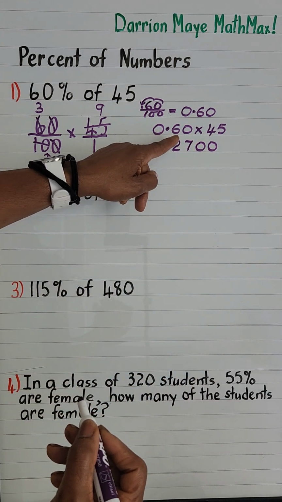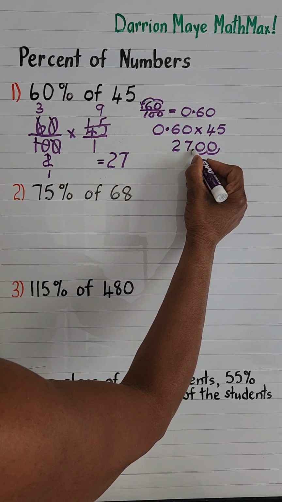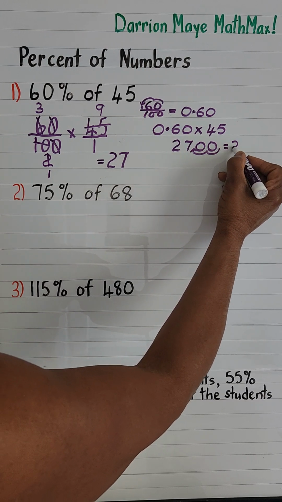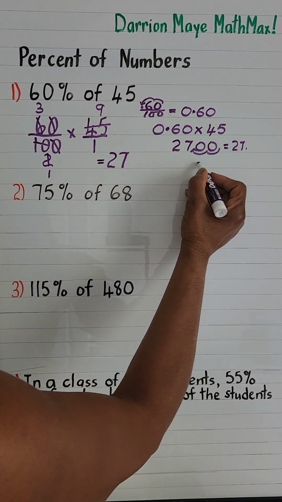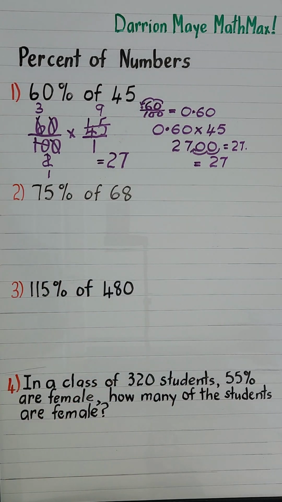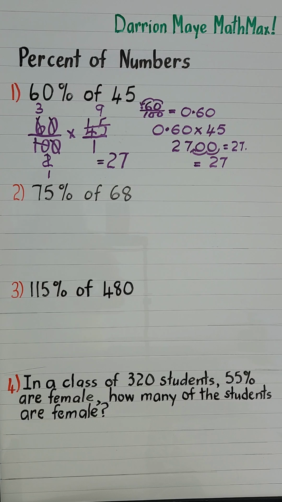And here we have 2 decimal places, counting from the back, 1, 2, and that is equal to 27 point, which is the same as 27. So as a percent, as a fraction, and as a decimal, we end up with the same result because both decimal and fractions are similar.